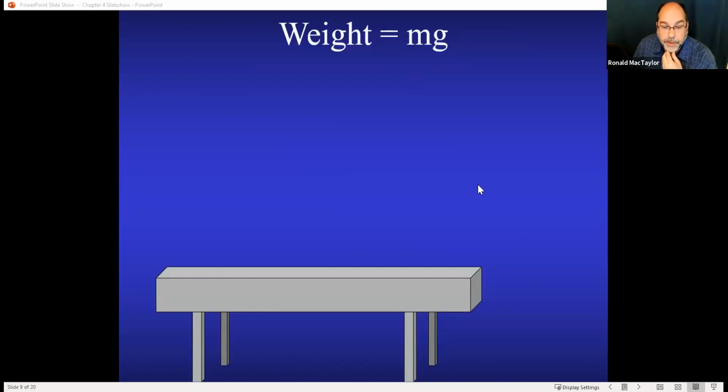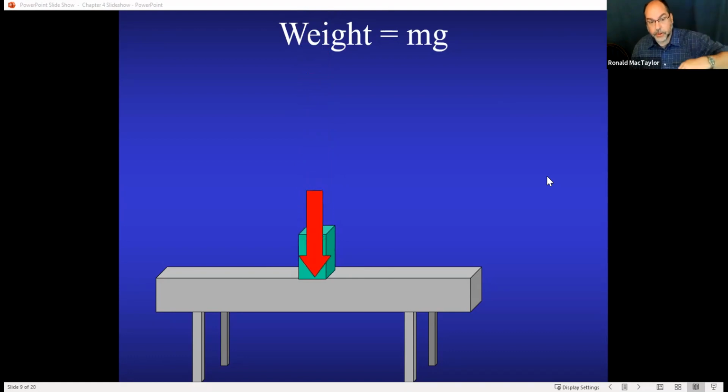So this is one of my early PowerPoints, and my art perspective is terrible, but just have some patience with me. Weight is mass times the acceleration due to gravity. The weight that an object has is directly proportional to how much mass it has. And because most of the stuff that we do here near the surface of the earth, right around sea level, would tell us that this object, this 10-kilogram box that comes flying down out of the sky, has weight.